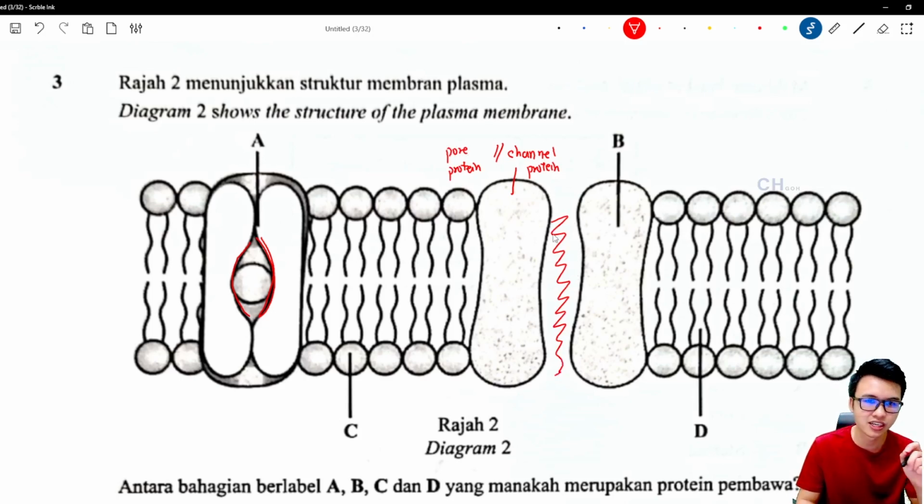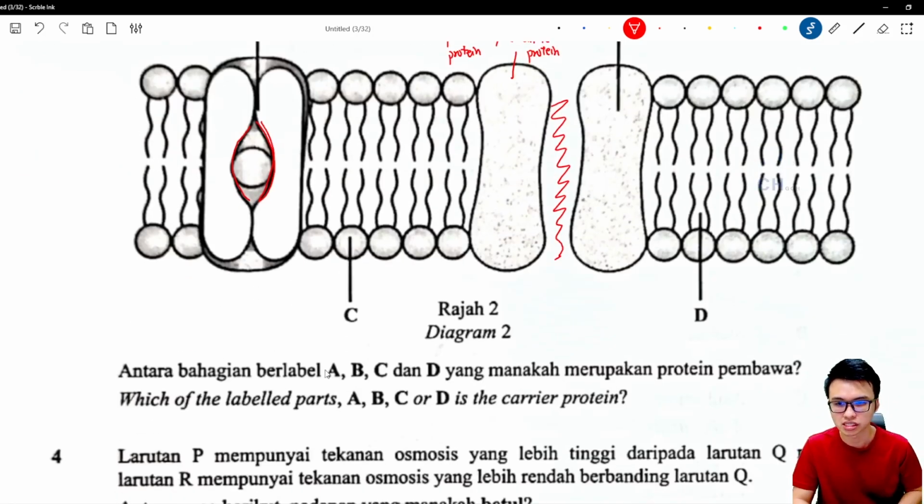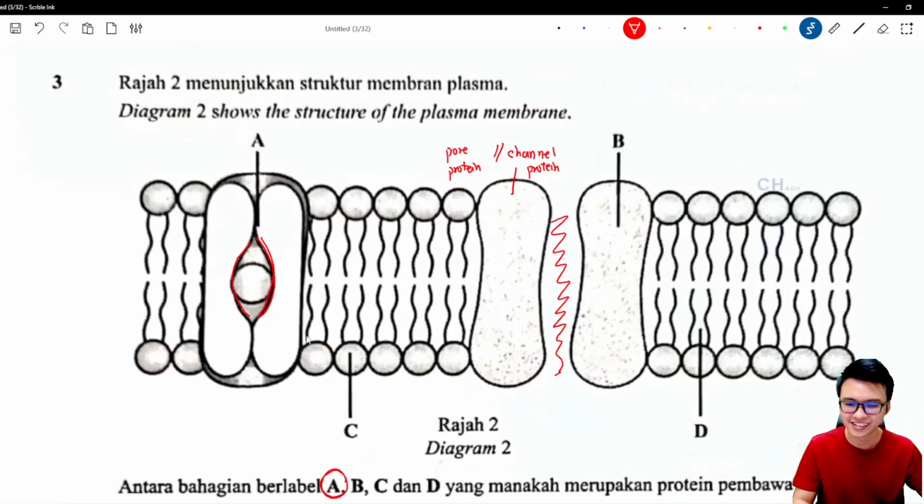So as long as the protein has the lubang, that one is called the channel protein or the pore protein. If the middle part of the protein doesn't have the lubang, instead it has the shape of the substance, then that one is called the carrier protein. So the answer for this question is A. Carrier protein, no lubang.